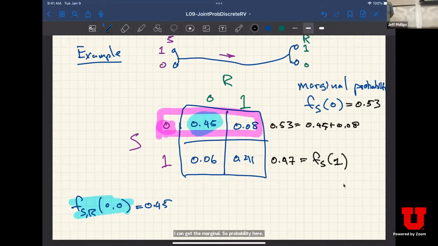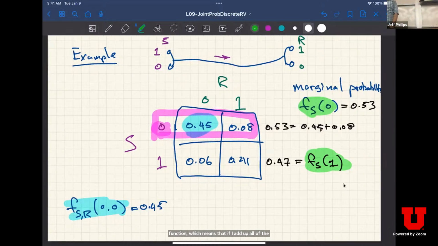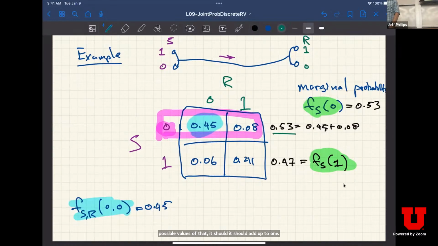This is one important thing to realize about the marginal probability: now I've recovered the probability density function for f of s, right? This is equivalent to f of s. It's the probability density function, which means that if I add up all of the possible values of that, it should add up to 1. And indeed, this is the case. 0.53 plus 0.47 equals 1, right? So the total probability along the margin should be equal to 1.